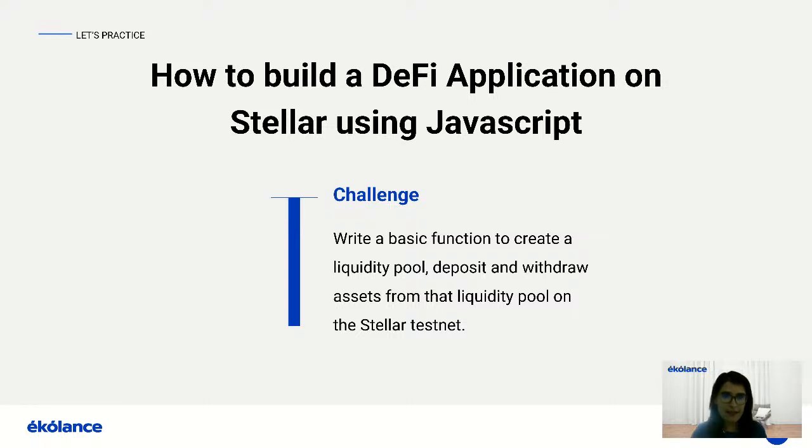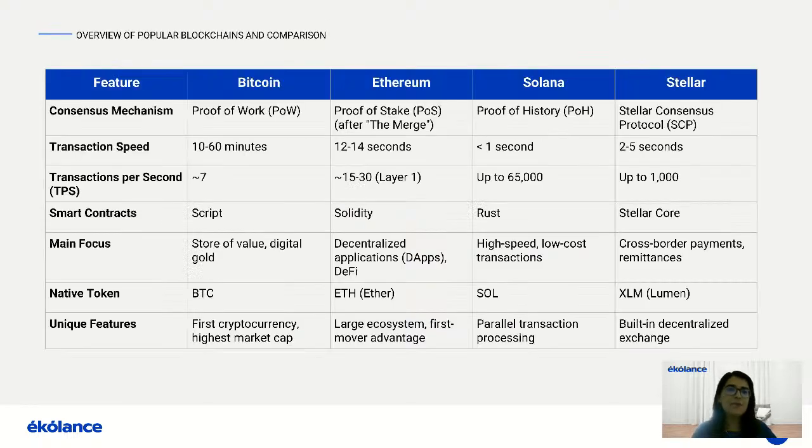They're validating these transactions, which have to be rewarded. And we reward them with the native token of the blockchain. So if we want our applications to work on chain, we have to power them with the native token of the blockchain. In this case, I'm just going to go to the next slide quickly to show you what that means. We'll be building on Stellar. You see the last column here. That's the blockchain we'll be building on.